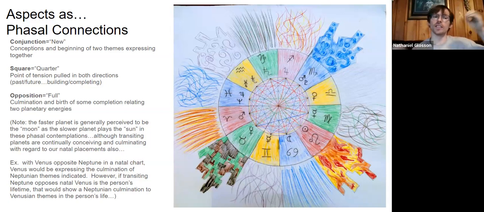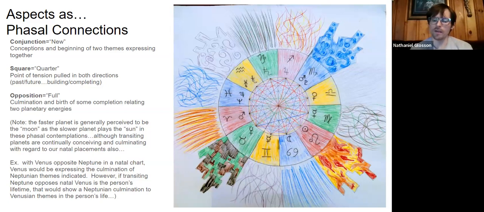And so those two energies have a tension between them, pulling, as something is externalized. It's birthed at that opposition point, and it's got something of both to it. It's a marriage. The same way the conjunction is both together, the culmination might seem opposite and on different sides, but it's also working both of them together.